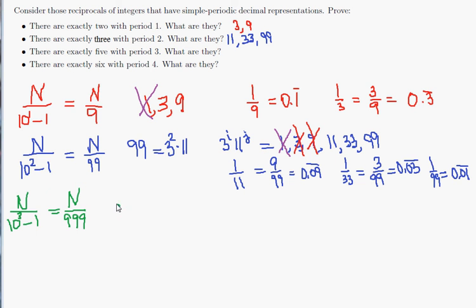So 999, that's equal to 3 to the third times 37. That's the prime factorization. And so there are going to be 8 factors of 999, and they all have the form 3 to the i times 37 to the j, where i is equal to 0, 1, 2, or 3, and j is either equal to 0 or 1.